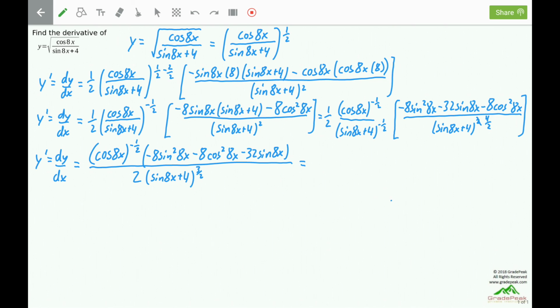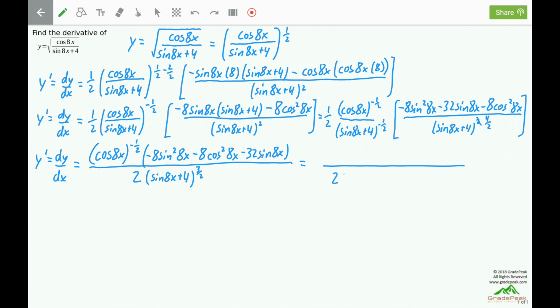Okay, now in my next step, I'm going to move that cosine of 8x that's to the negative 1/2. That can now move to the denominator and be to the positive 1/2. So I will no longer have it in the numerator. So I can maybe write the denominator first here.